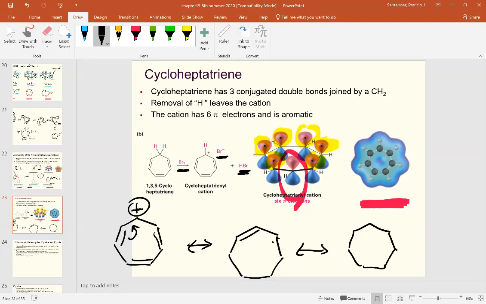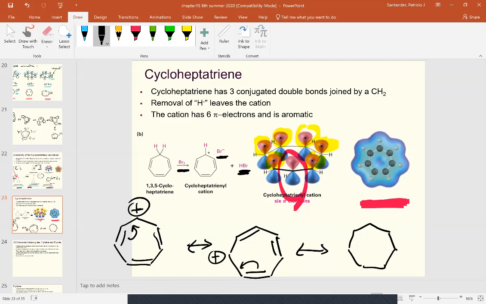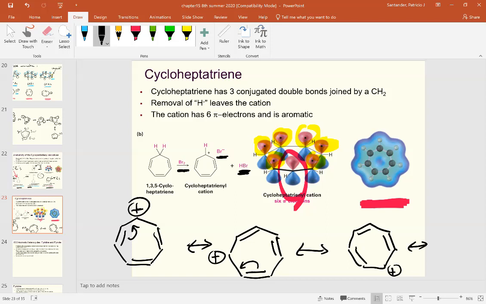So now I don't touch that, and this is going to be my positive charge. And then here I can bring this other pair of electrons there, and now this is going to be the positive charge. And then I will have double bonds here, here, and there, right? Etcetera, etcetera. And that's how you can get 7 resonance structures, right? 7 resonance structures.